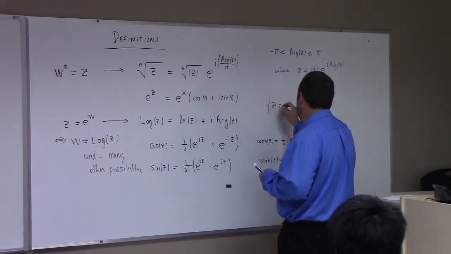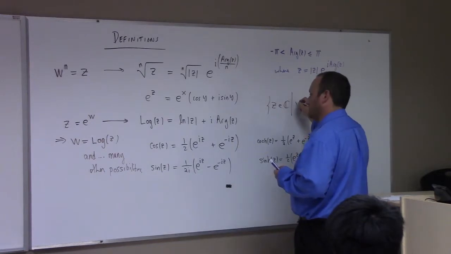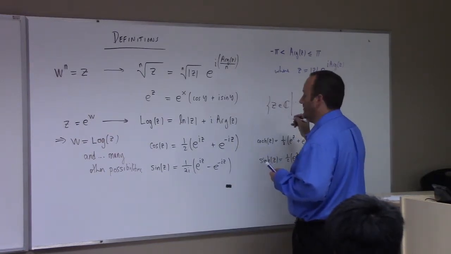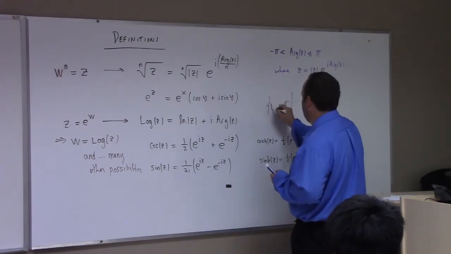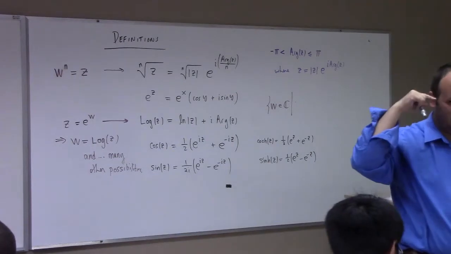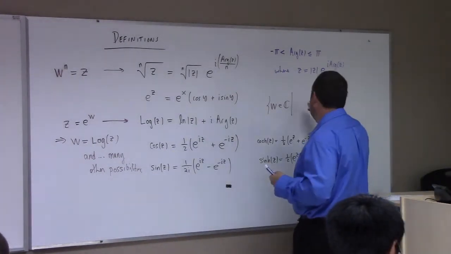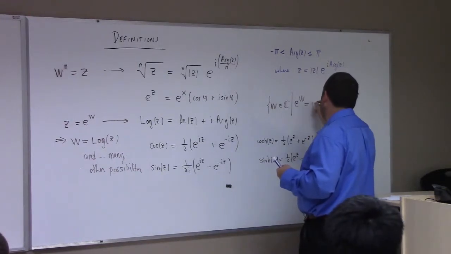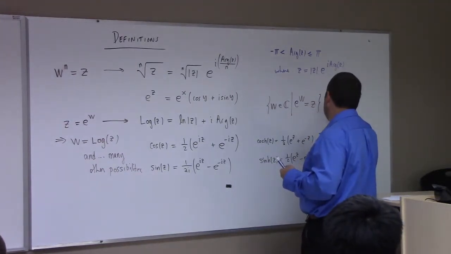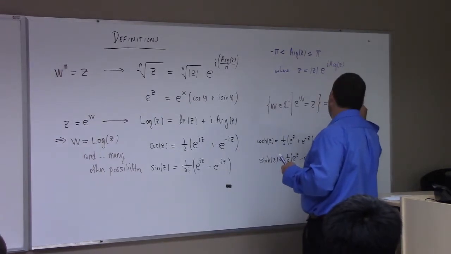So in fact, if you want to say, let's see here, how about this? The set of w in the complex plane such that e to the w equals z, all right? This is little log of z.